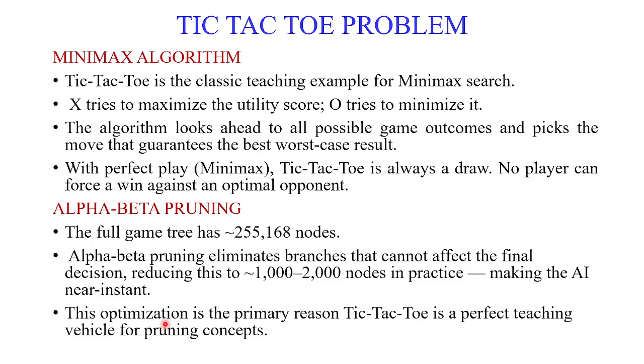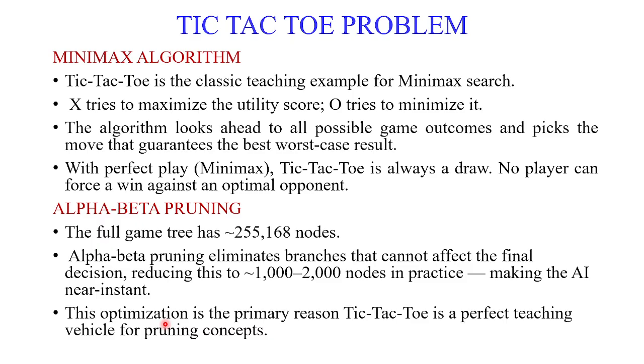So when we talk algorithmically, when we talk about the two points of algorithm, one is the minimax algorithm, another one is the alpha-beta pruning. Tic-tac-toe is a very classical way of teaching minimax search. X wants to maximize the utility score and O tries to minimize it.